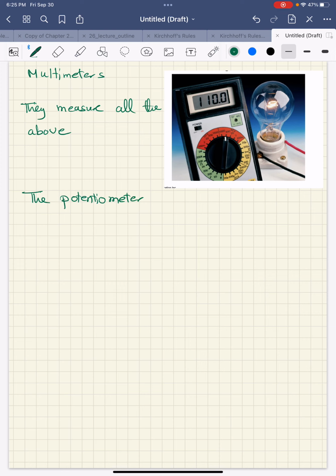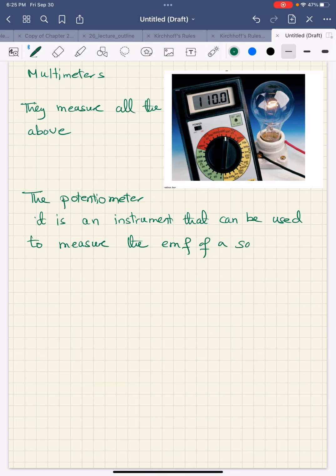The potentiometer is an instrument that can be used to measure the EMF of a source without drawing current from it.